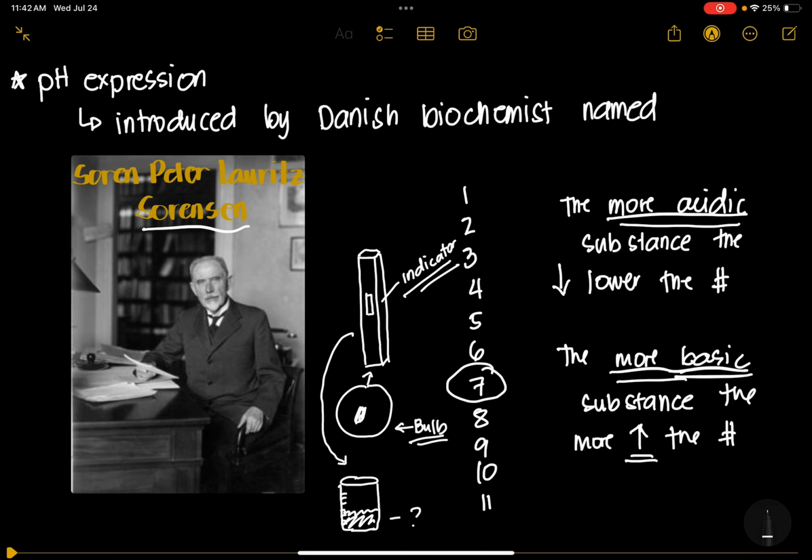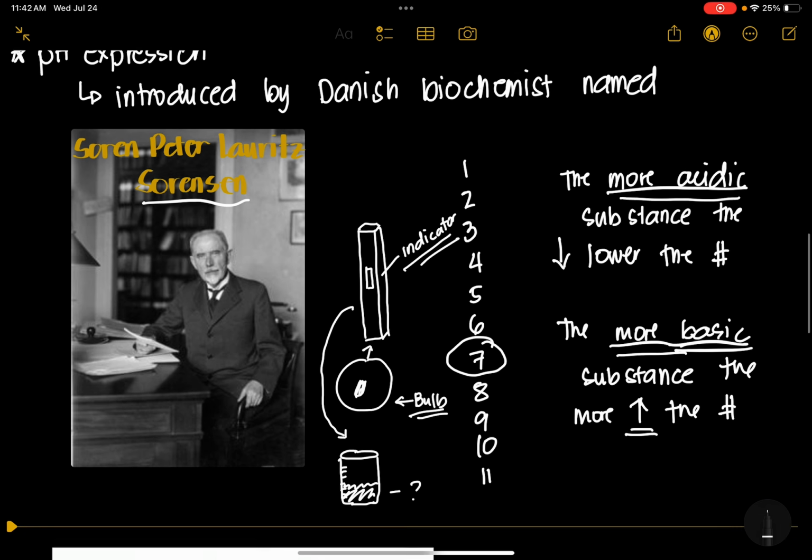Then it will indicate the number and tell you its pH. It is usually used in aquariums also. It is also used in the laboratory if you are having an experiment or research. Again, the more acidic the substance, the lower the number. The more basic the substance, the higher the number.